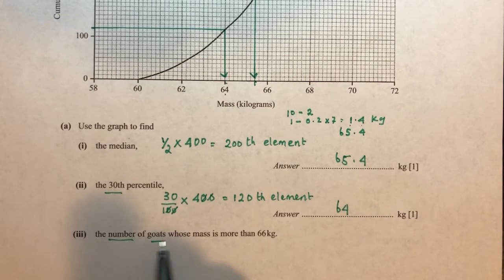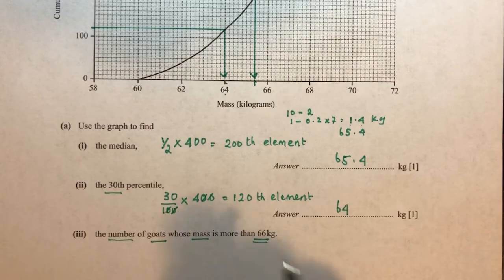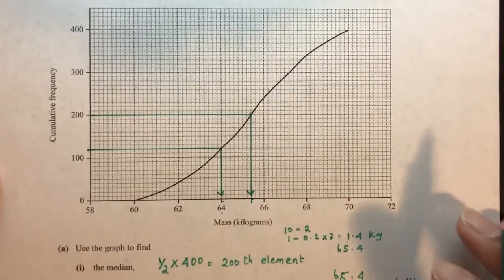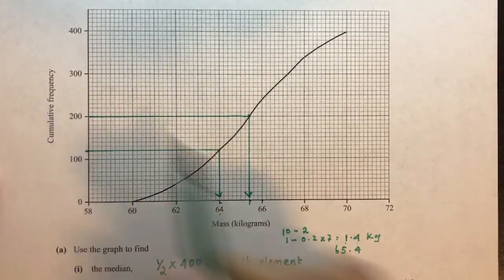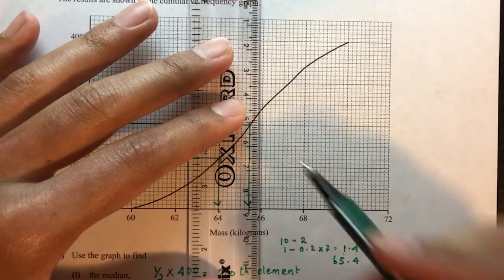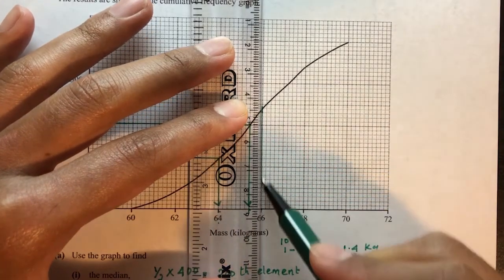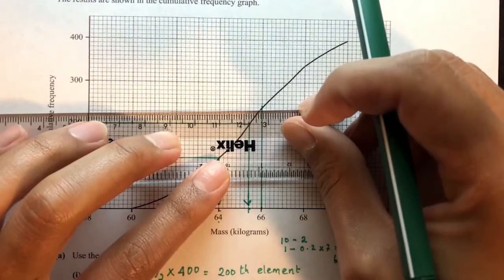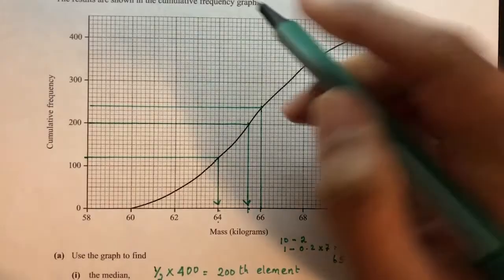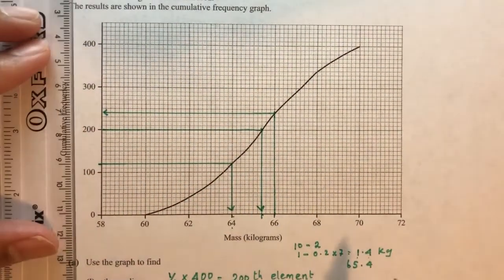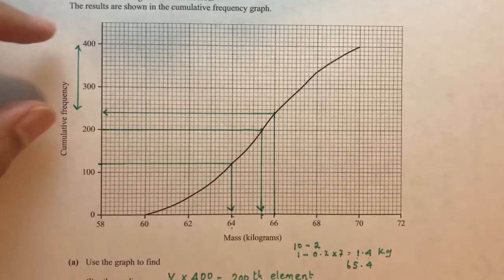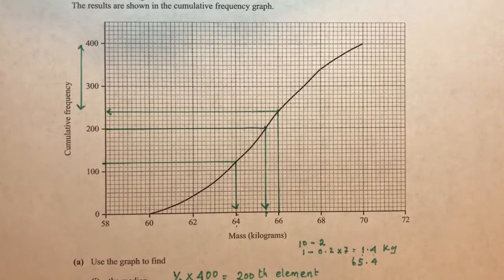Now part 3, find the number of goats whose mass is more than 66. So we have to first find the value which is at 66. Okay, so 66 kilograms. Let's draw a vertical line to cut the curve, and then a horizontal line to find the number of goats which have weight at 66. So everything from this point up has mass more than 66 kilograms.